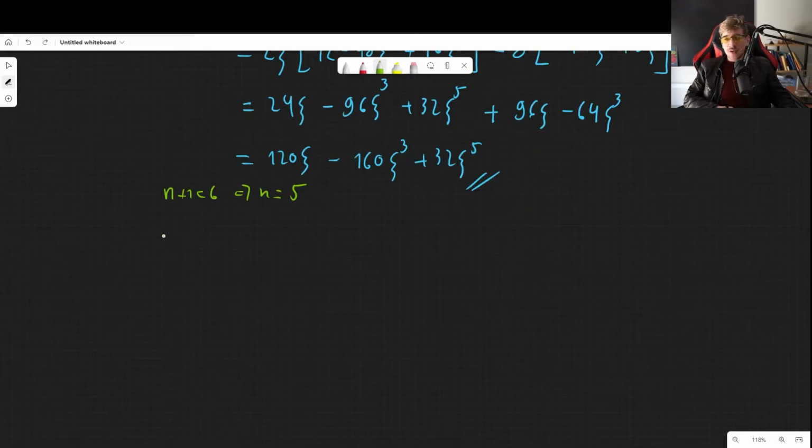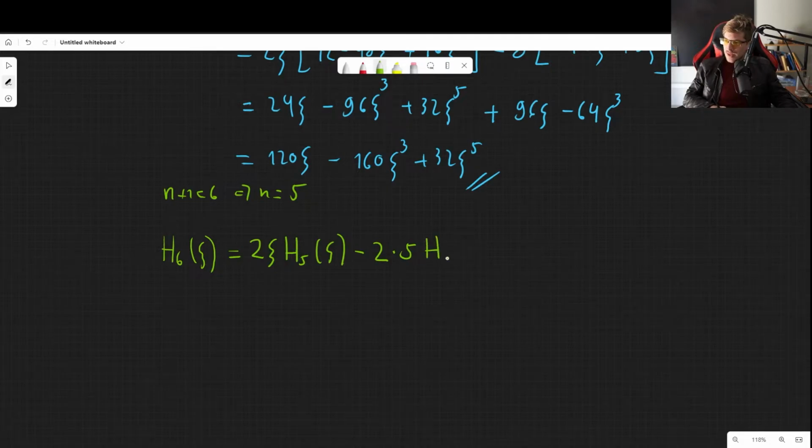So plugging n equals 5 into the formula, we can find that the n plus 1 Hermite polynomial of psi is going to be 2 times psi times the nth Hermite polynomial, n is 5, minus 2 times n, in this case n is 5, times, and this is n minus 1, so h4 of psi. Now we already know h5 and h4, so let's plug them in.